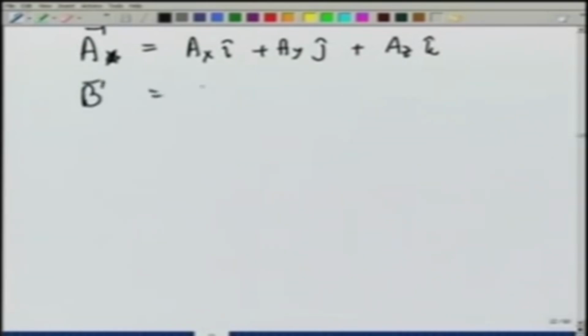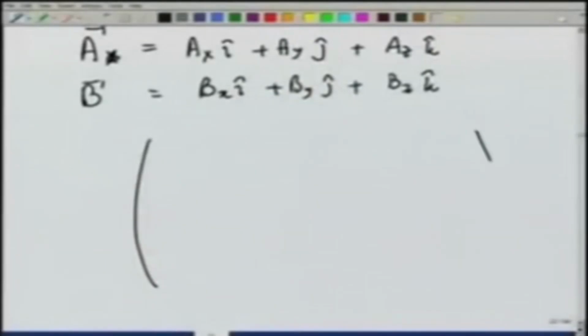Okay. Having written the vectors A as a x i plus a y j plus a z k and B as b x i plus b y j plus b z k, we are now ready to write their products.